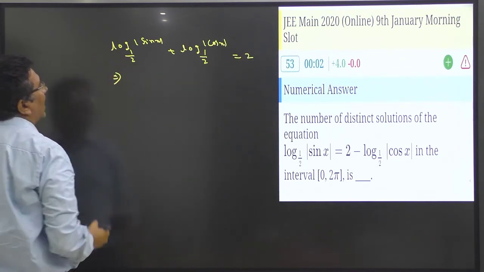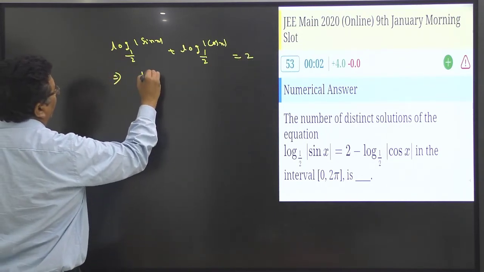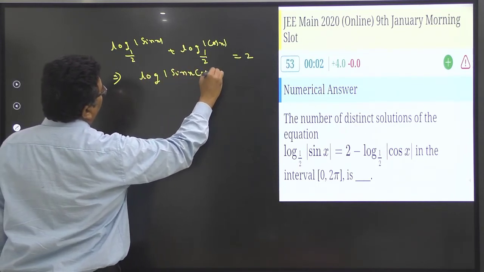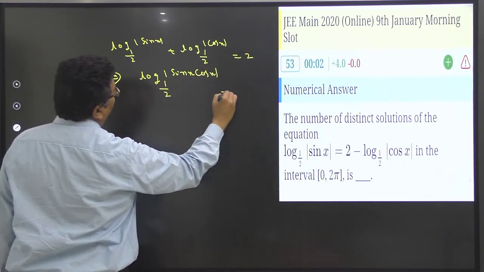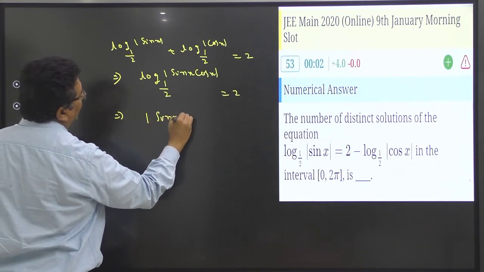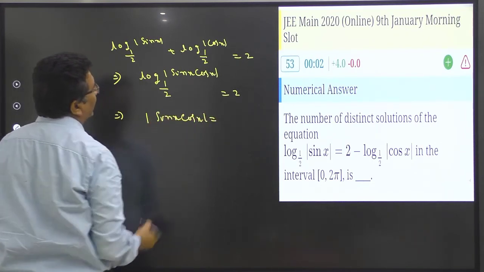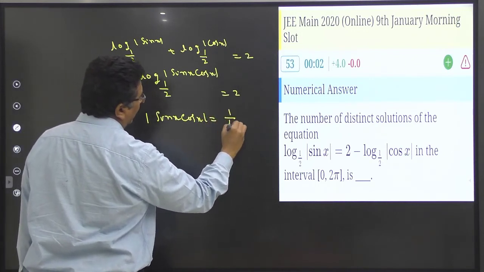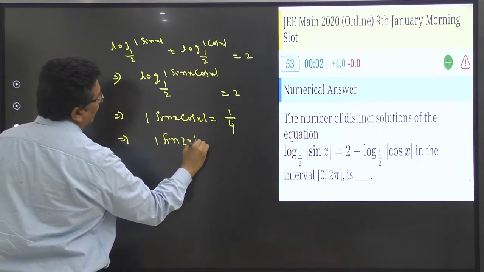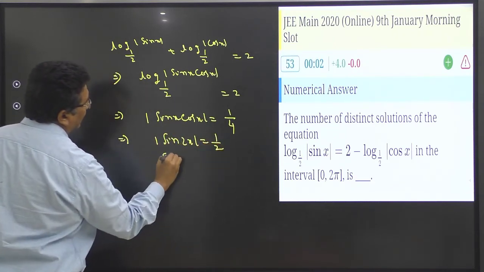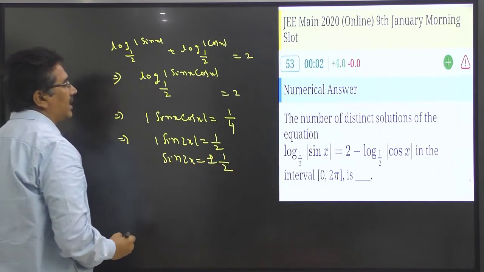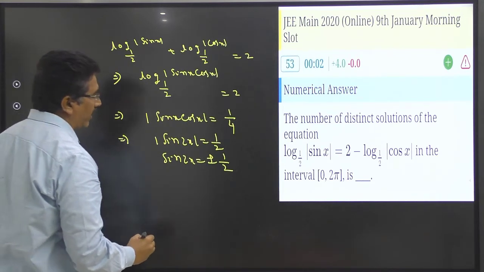That implies log a plus log b is log ab, so log base 1/2 of modulus of sin x cos x is equal to 2. That implies modulus of sin x cos x is equal to (1/2) squared, that is 1/4. That implies mod sin 2x is equal to 1/2, so sin 2x is equal to plus or minus 1/2.